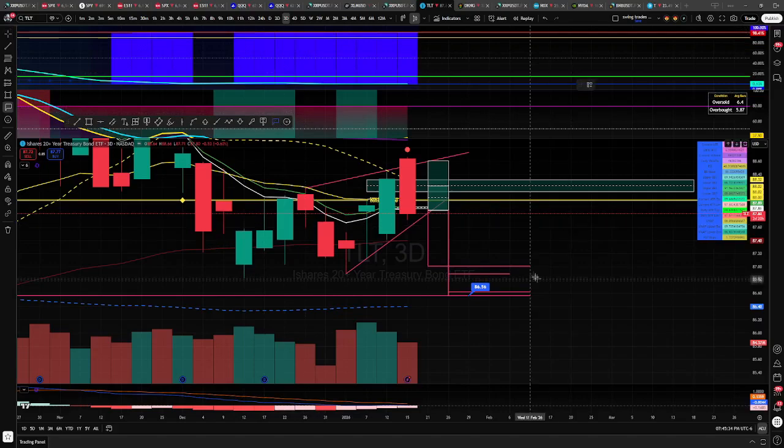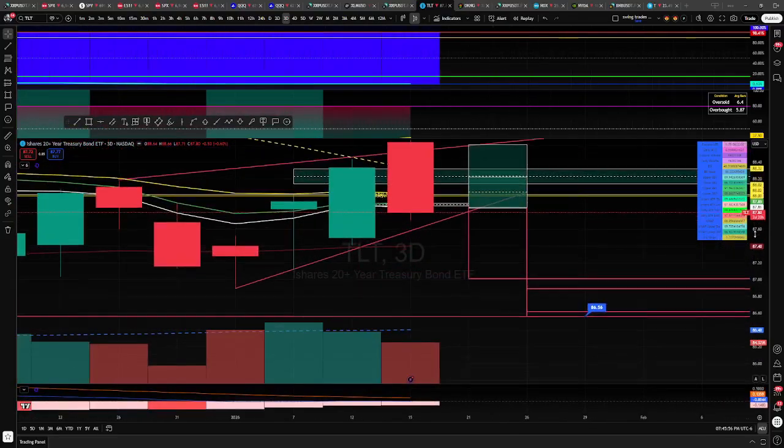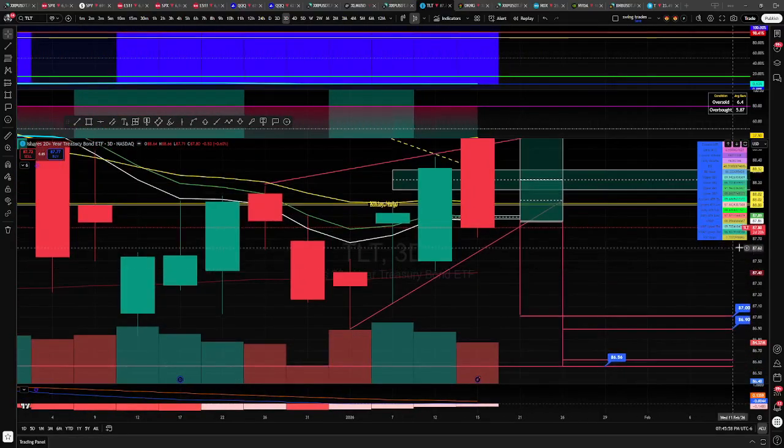And my targets for the downside are here. I'm sure some people don't like to hear that. All we ever want is the upside, right? We never want to see a downside. But playing options, you can play both, and you shouldn't consider it that much.